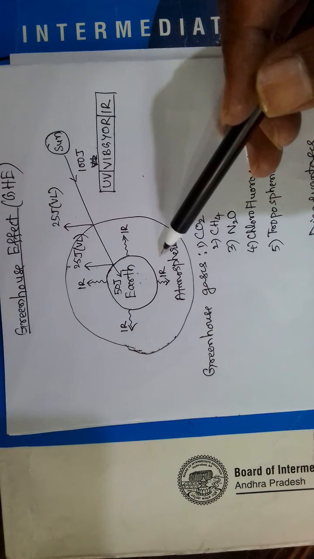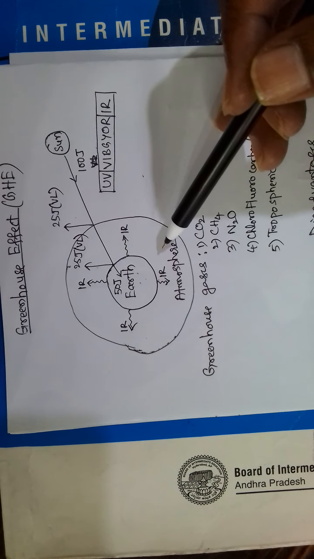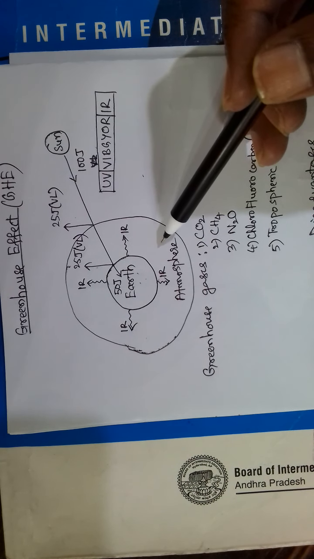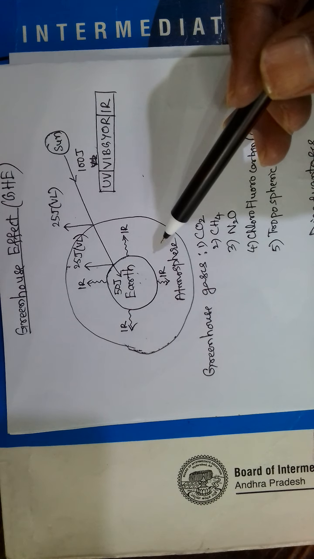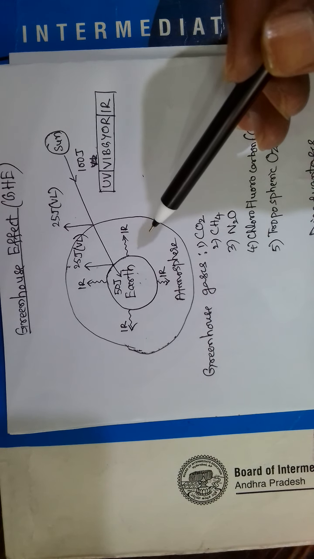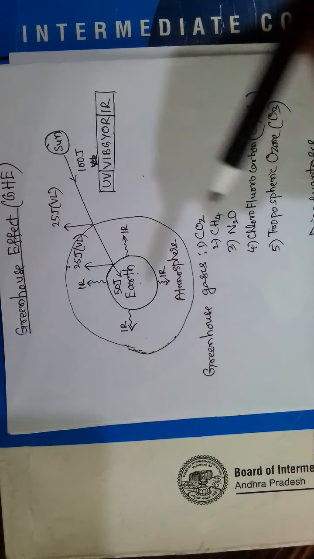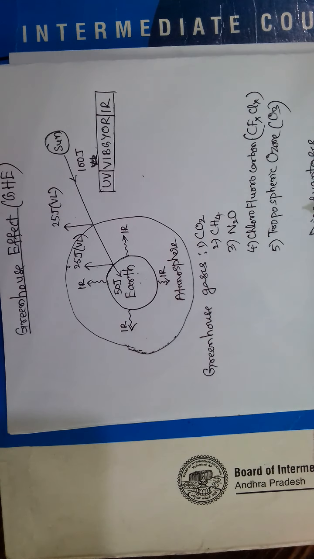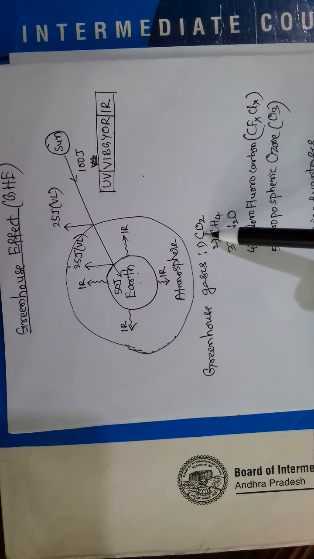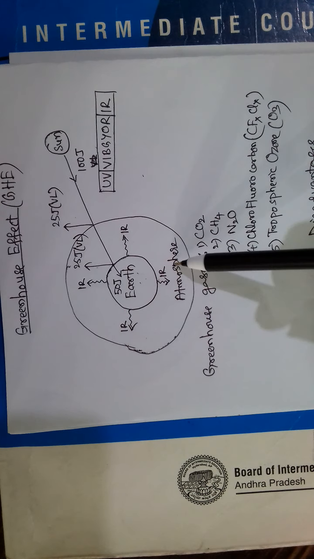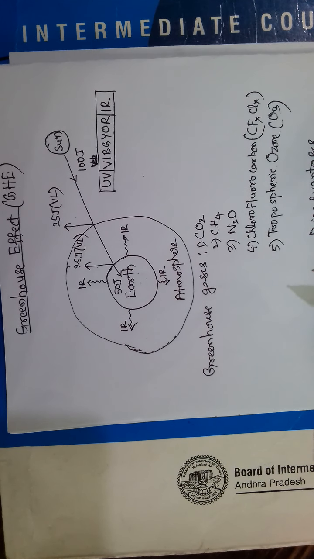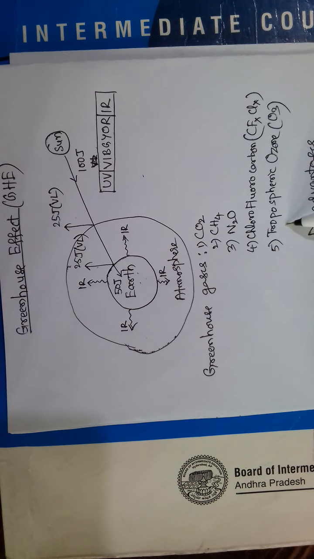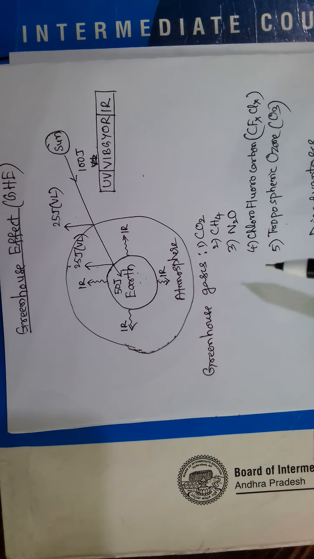This atmosphere largely consists of oxygen, nitrogen, carbon dioxide and several other gases. These gases are also there in the atmosphere, and these gases are called greenhouse gases.